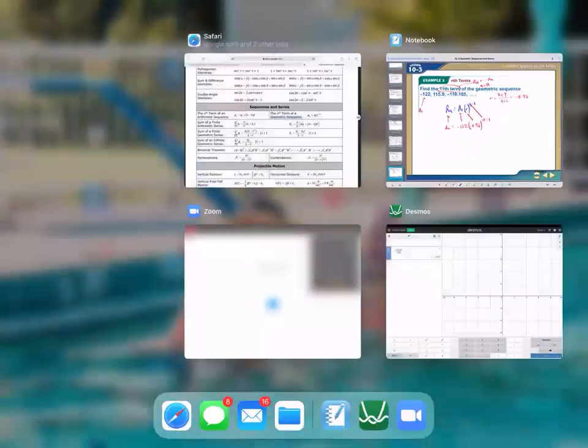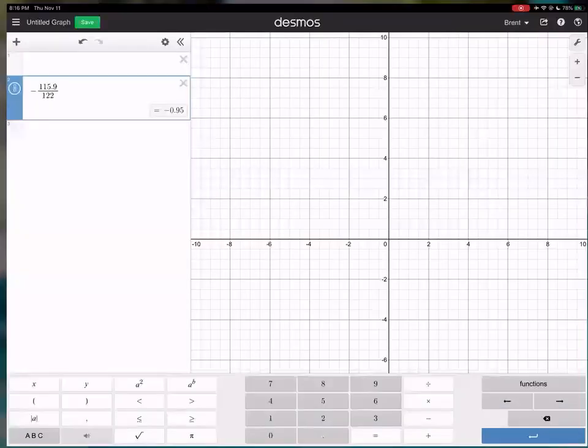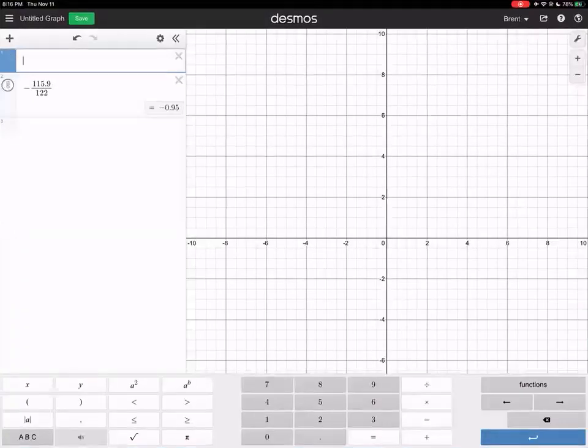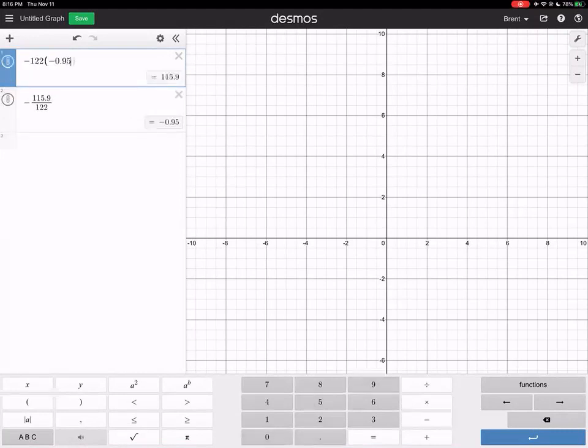Since the value we're looking for is isolated, I could just type in the rest. So it'd be negative 122, parentheses, negative 0.95, raised to the power of, and be careful on the powers. If I do 11 minus 1, that minus 1 won't stay in the power. You either need to do a parenthesis or subtract it yourself. So I'll just do a parenthesis here. 11 minus 1.